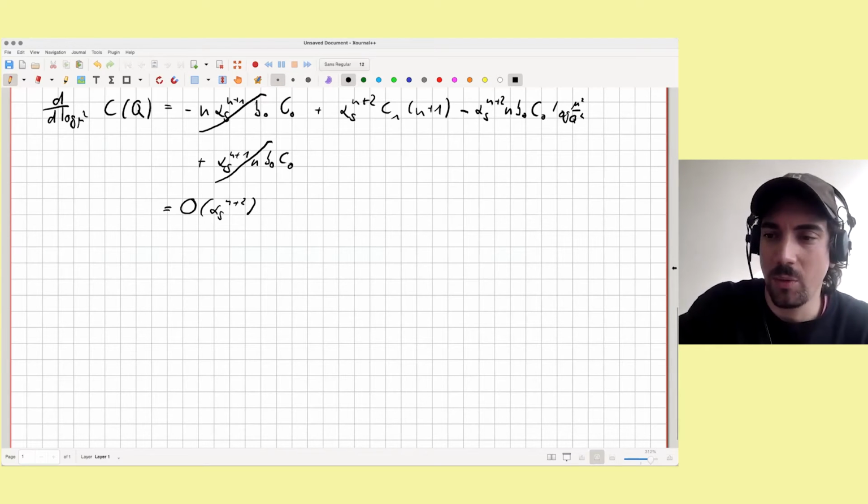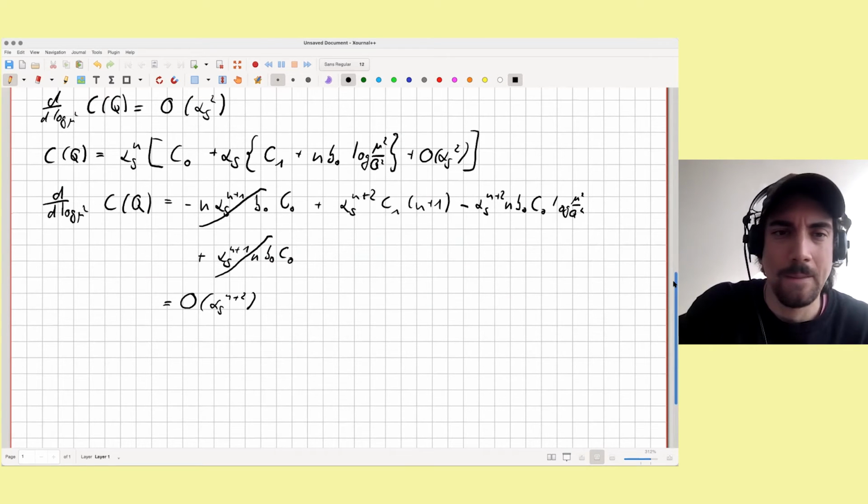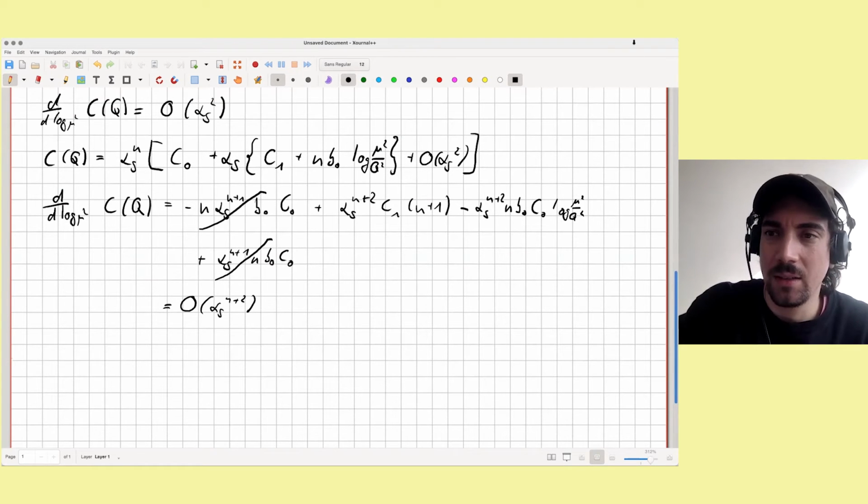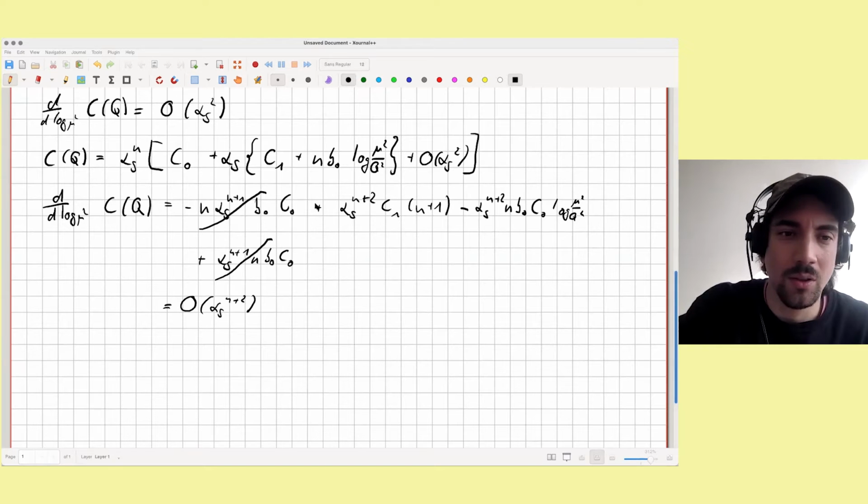So let's briefly walk through these terms here and how they arise. If we take the leading order term, we just have the derivative of alpha s, and that gives us this first term here.